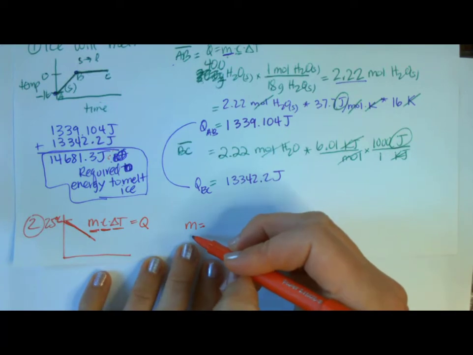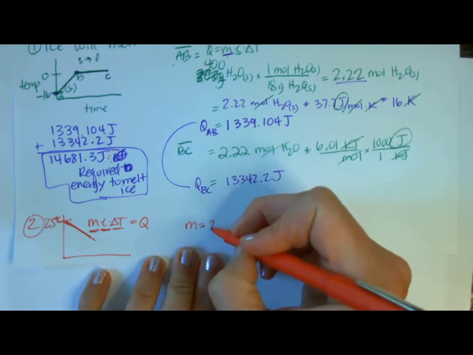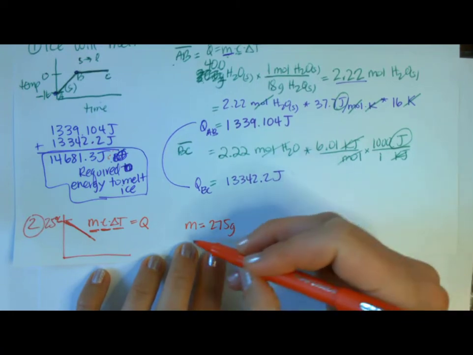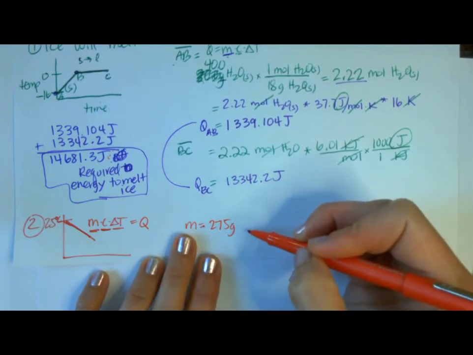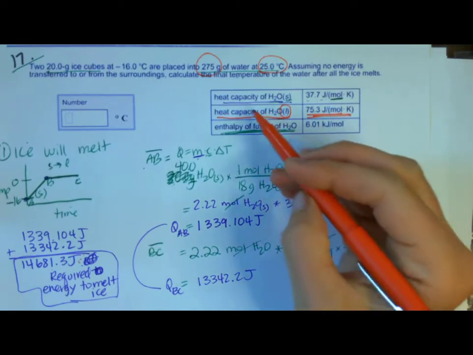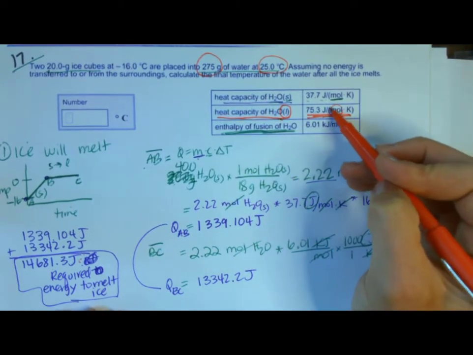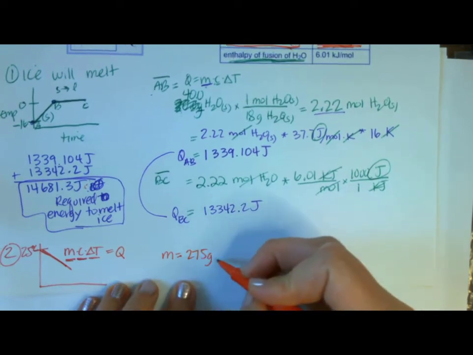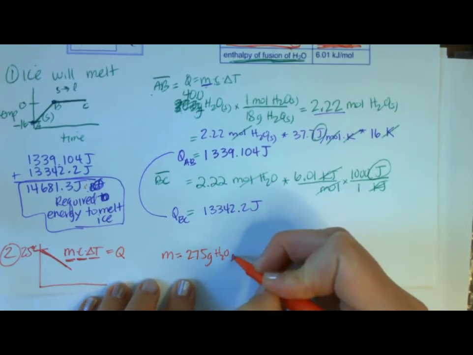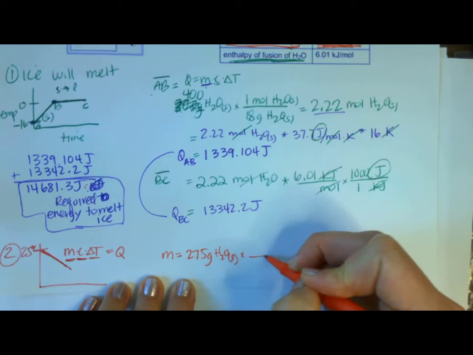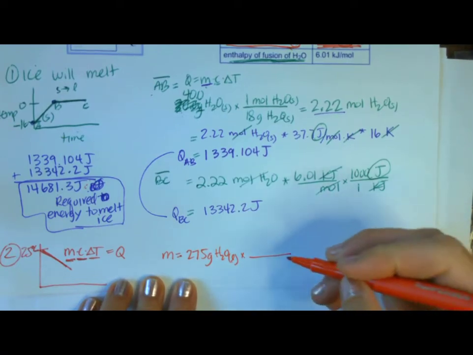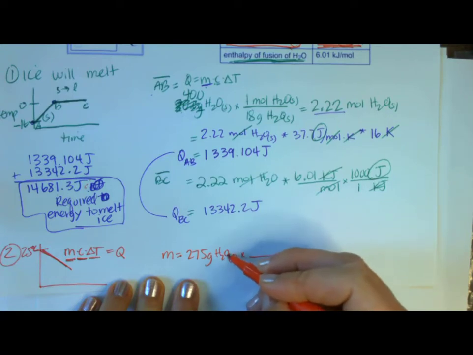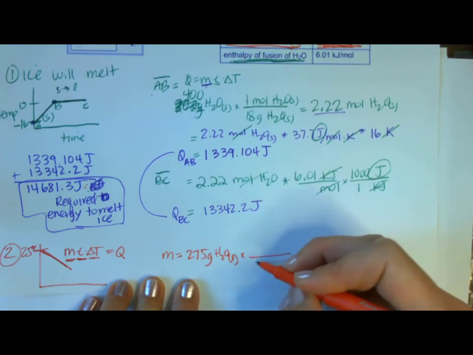Okay, so we have the mass of our water, which is 275 grams. And if I were to go, okay, mass times specific heat, remember that specific heat here, it's got that mole. So before we even go, let's change our grams of liquid water to moles of water. We know by adding 1 oxygen and 2 hydrogens that that's 18.